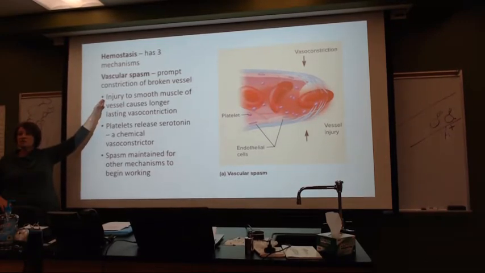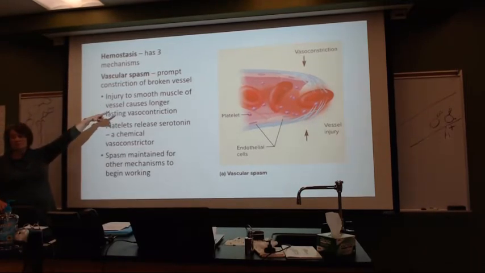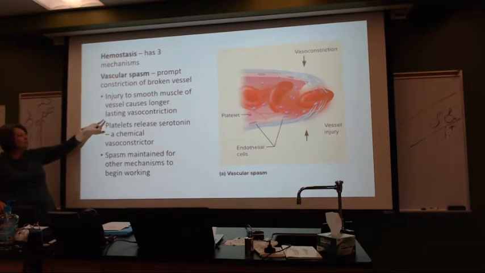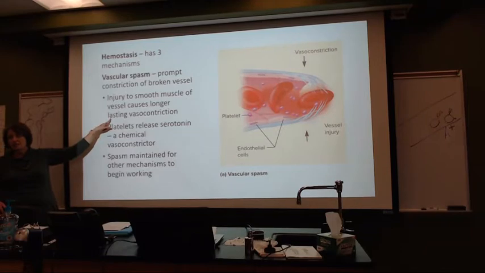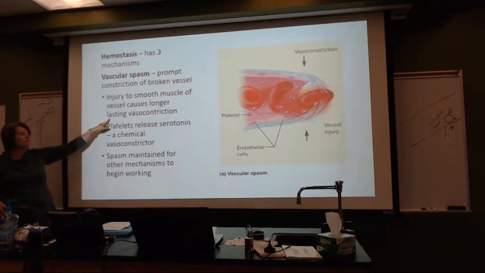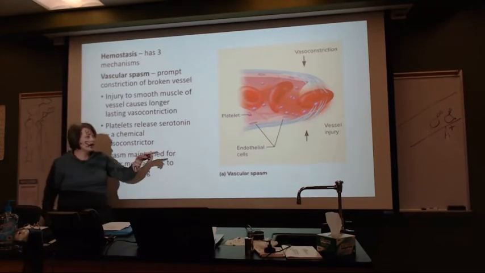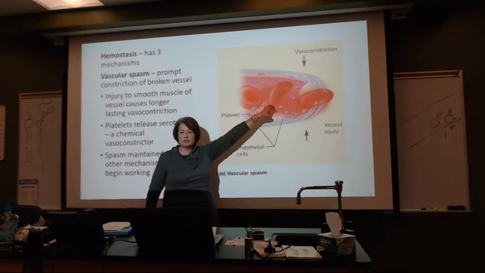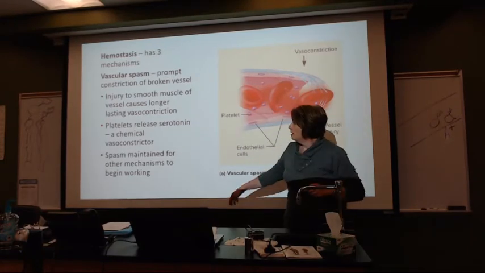All right, remember this is under the control of the autonomic nervous system. So, broken vessel, there's an injury to the smooth muscle itself. And that's going to start a series of reactions occurring. And one of the things that tries to happen is it tries to constrict because it has been injured.